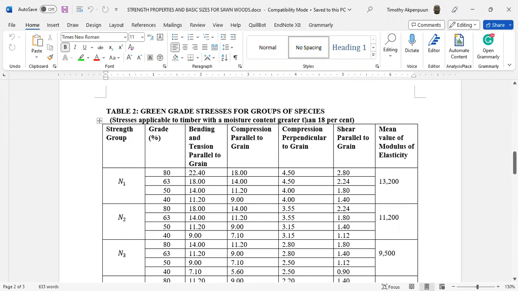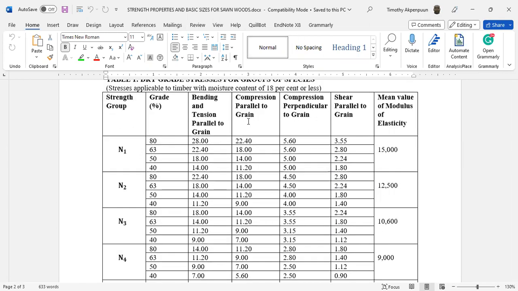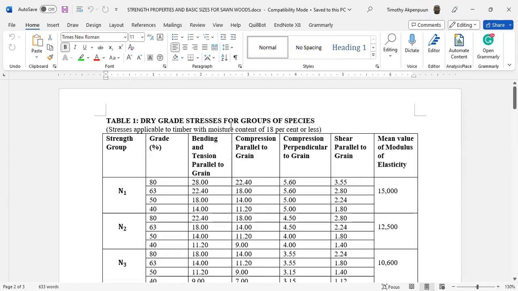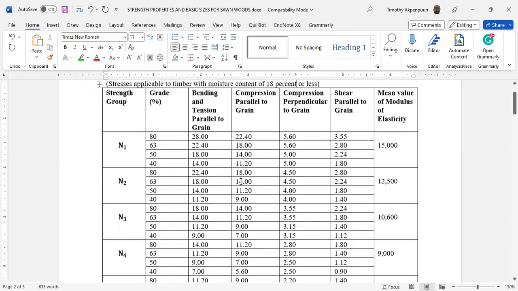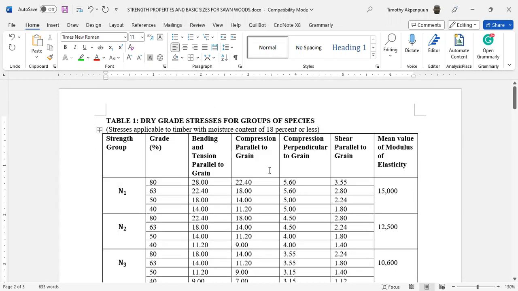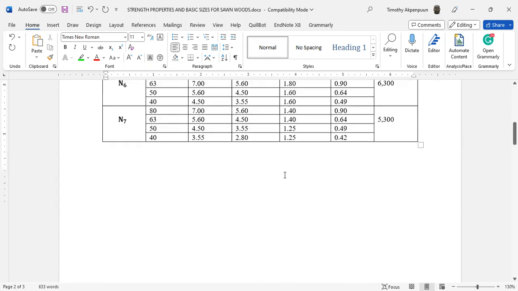This one, moisture content is greater than 18%. Why for the dry grade, it is what? Less than what? Moisture content of 18 or less. So usually you don't use less than. You usually use greater than 18, equal to or greater than 18. Who can tell us why?